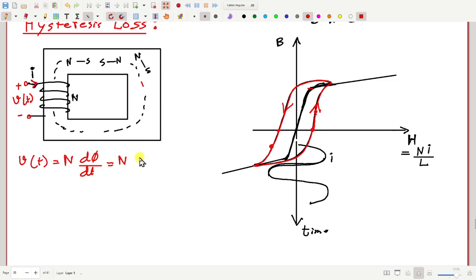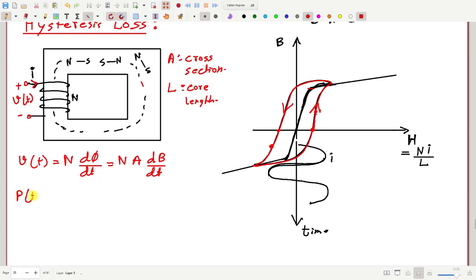That will be equal to N into, phi being area into flux density, A into dB dt. A is the cross sectional area, and this L is the core length. So this is the voltage.